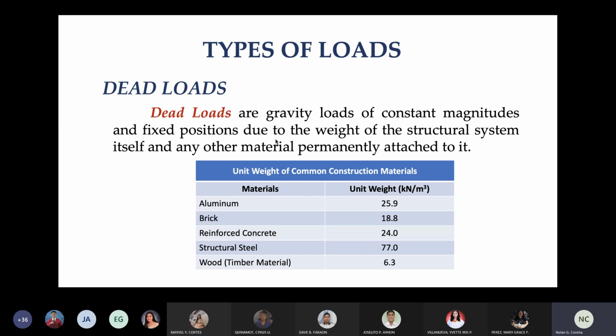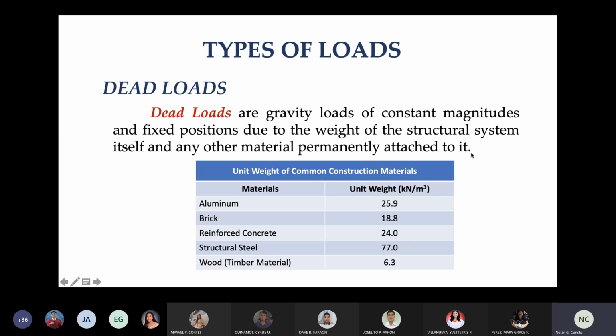Let's start with dead load. So dead loads are gravity loads. So they are vertical loads and the magnitude is constant, fixed in position, due to the weight of the structural system itself and any other material permanently attached to it.